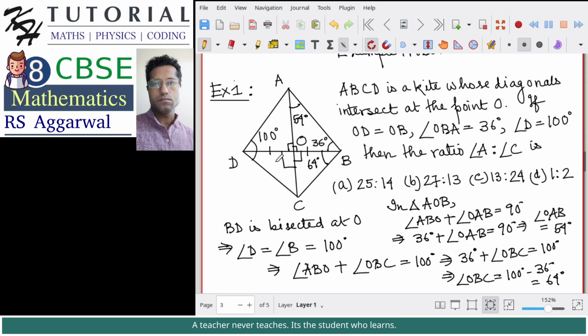But since it is given that BD and AC are the two diagonals, and BD is the diagonal which is bisected, clearly we must have DC equal to BC and AD equal to AB.